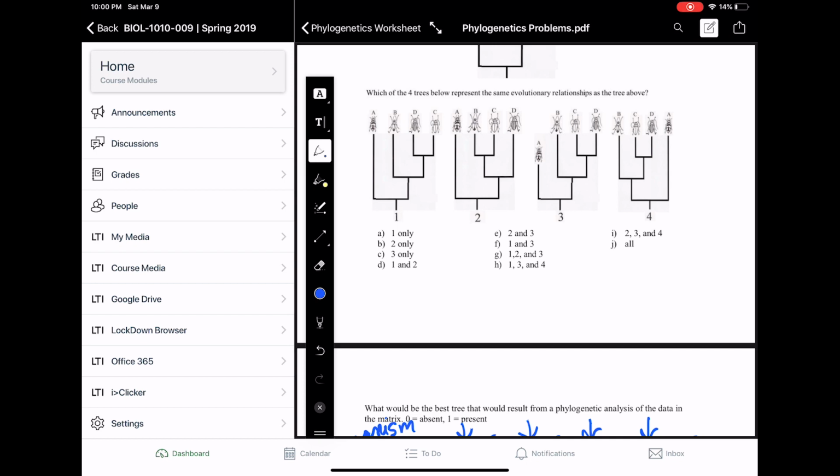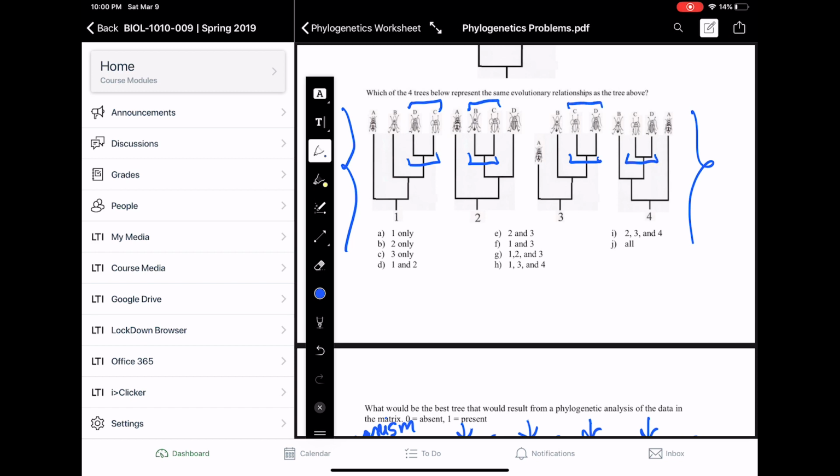So if we look at the highest branch that has the smallest group, we compare them, right?